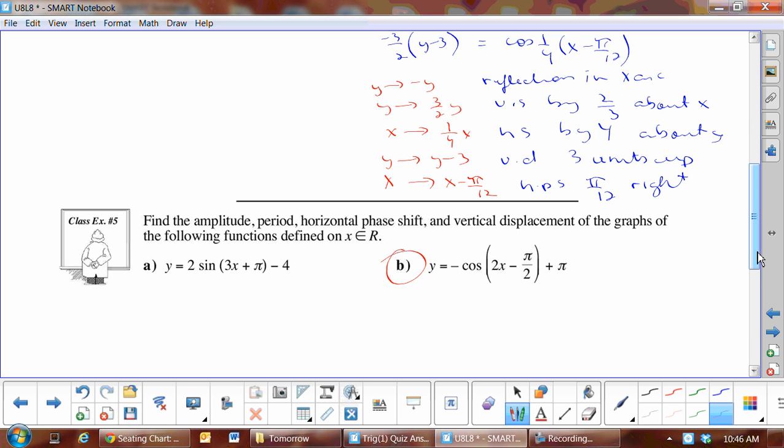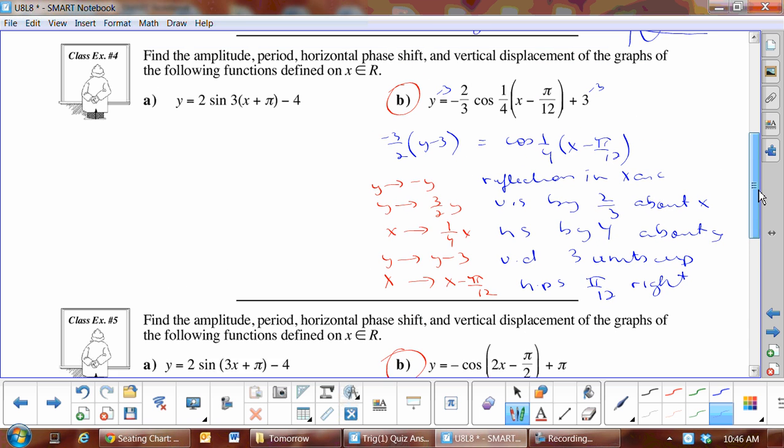Okay, now I want to know, we're not doing A, but I want to know what's the amplitude of this. Krista, what's the amplitude? Okay, I want to know what the period is. Oh, we just did a quiz on that, so hopefully.